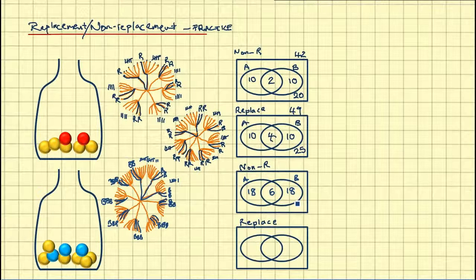And how many possible outcomes have we got altogether? Well, we've got 8 in each of these branches. We've got 9 branches, so it's 9 times 8, which is 72. So if I add these together now, I've got 18 add 18, that's 36.